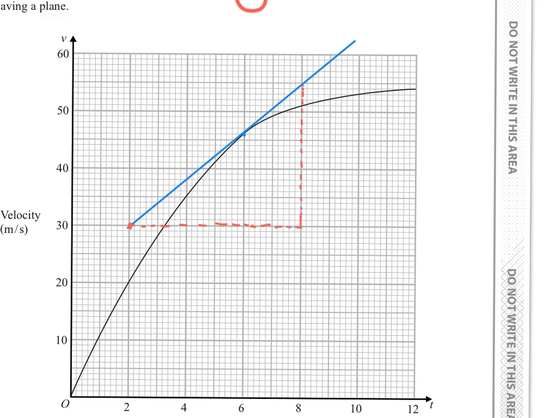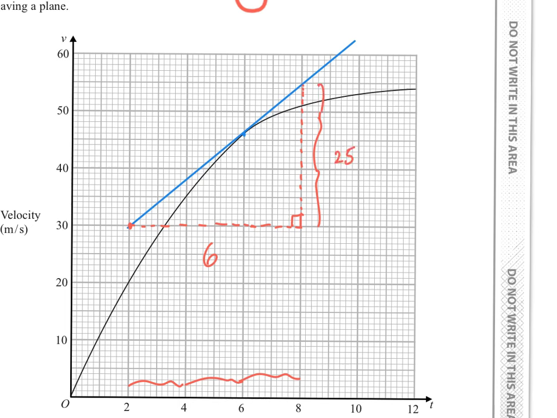In fact, doing this question reminds me of when I was like 15 and 16 when I had this on my syllabus. We had to do exactly the same. So this is 2, 4, 6 here, and we're going up by 10, 20, now let's have a think, 10, 25.